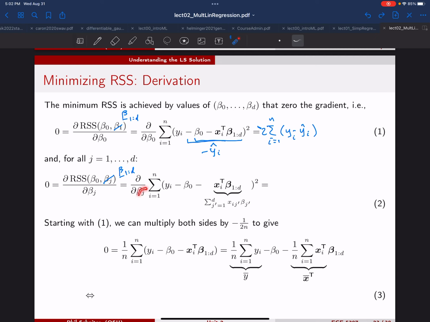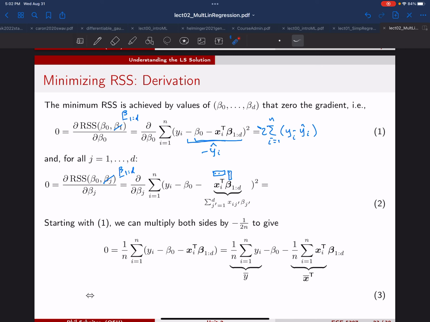I'm choosing that to be different than this j. So this is just a row vector times a column vector. And to do that, you just take the first times the first plus the second times the second and so on. And that's where we get this x_ij times beta j summed over all the j's from 1 through d. Now that we've written this explicitly in terms of this scalar, it's easier to do this partial derivative.